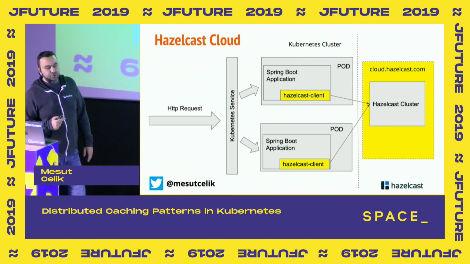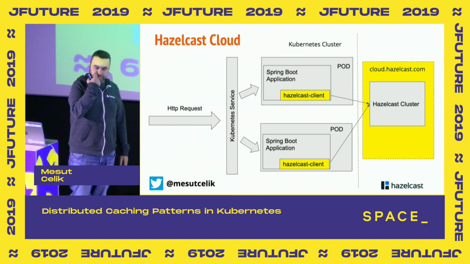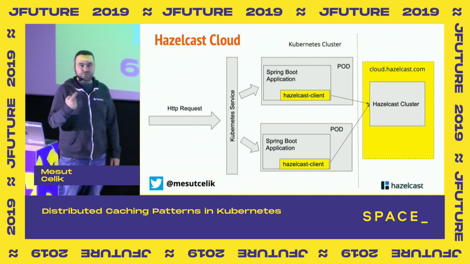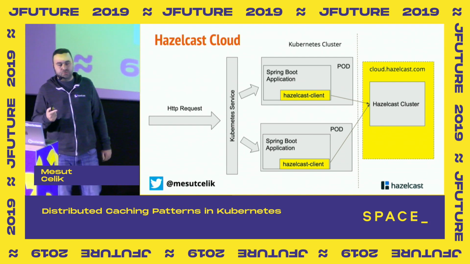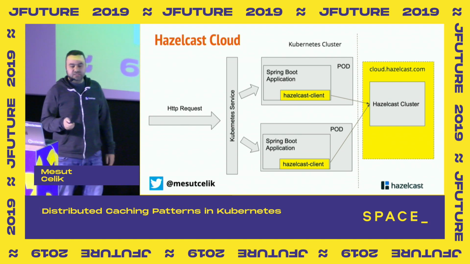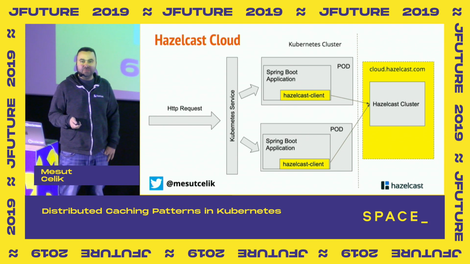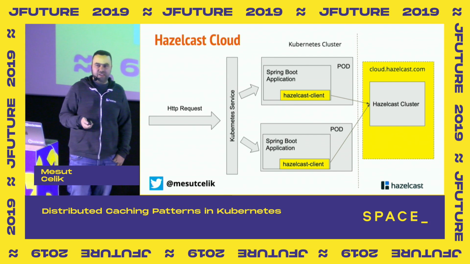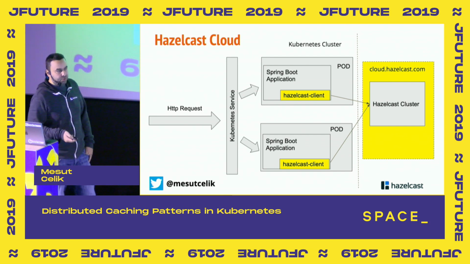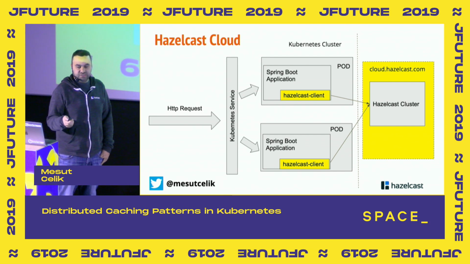And in client server, there's another solution, which is using Hazelcast Cloud. Hazelcast Cloud is a managed service of Hazelcast IMDG. If you don't want to maintain a Hazelcast cluster by yourself, then that's something you can use. It's a pay-as-you-go model, and it's completely maintained by Hazelcast as a company.